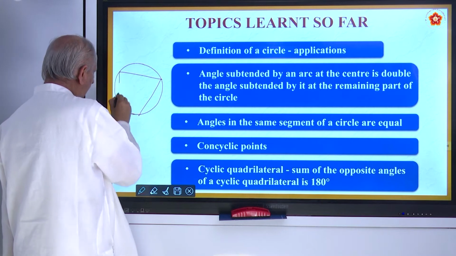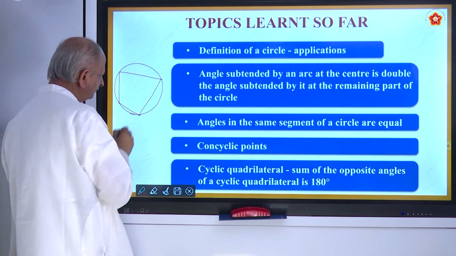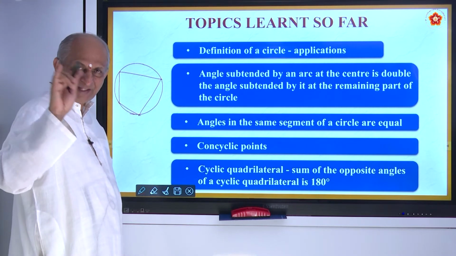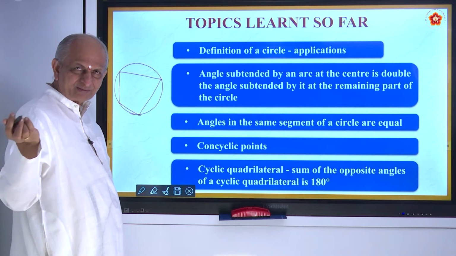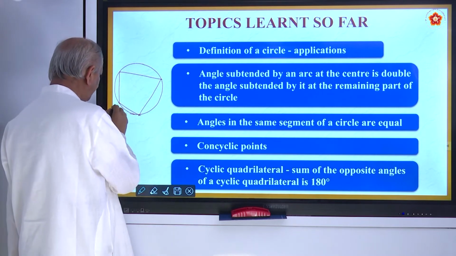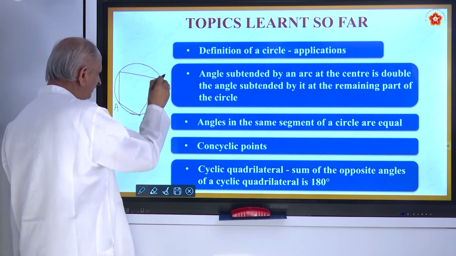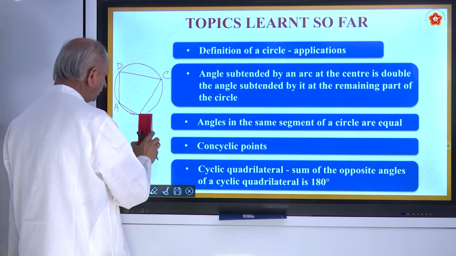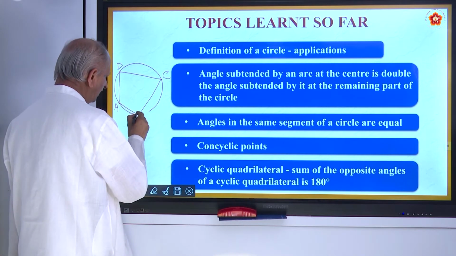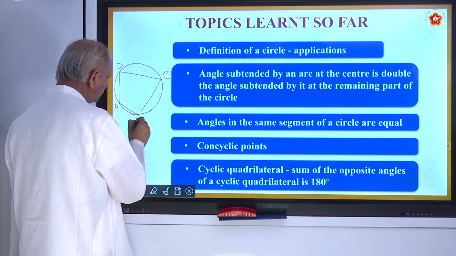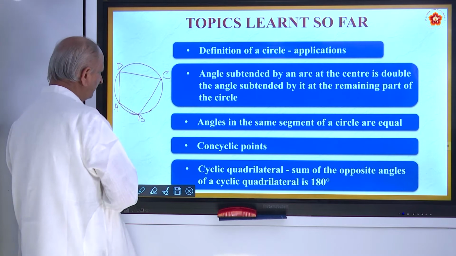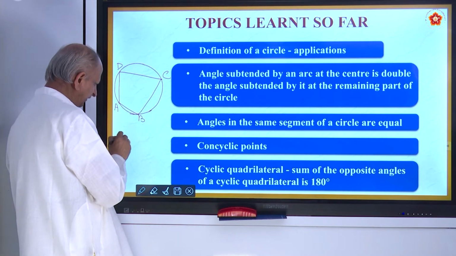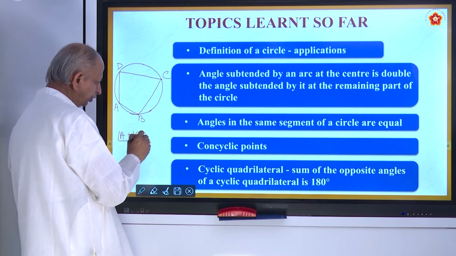When you say quadrilateral, how many sides? 4 sides. It may be of any shape. It may be a rectangle, or a square, or a rhombus, or a trapezium. Suppose you have A, B, C, D. And the theorem says opposite angles are supplementary. Means what? Angle A plus C is equal to 180 degrees.